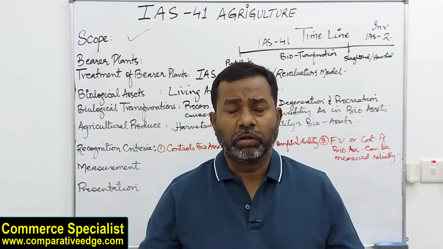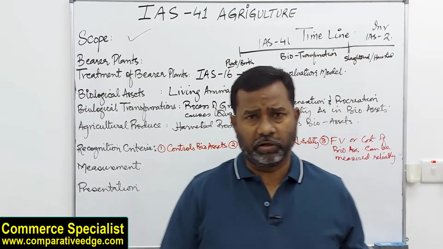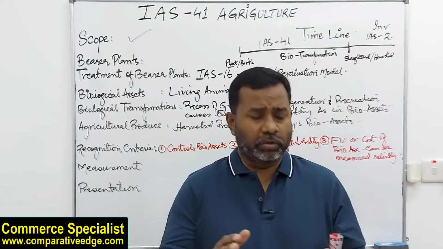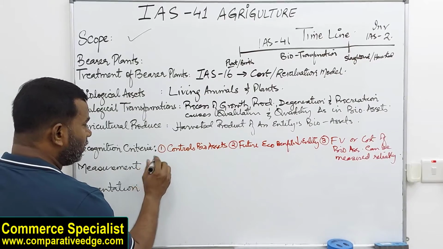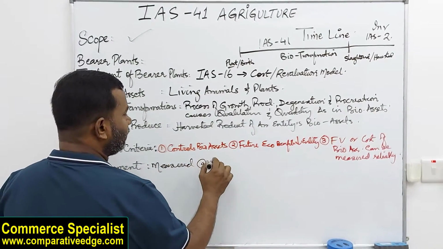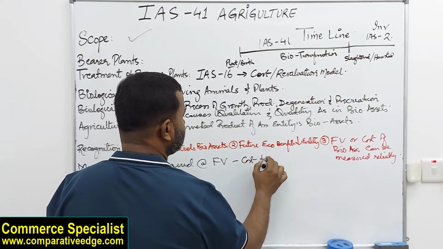Now the next important thing we need to understand is the measurement criteria. How are biological assets measured? Please note that both biological assets and agricultural produce are measured at fair value minus cost to sell.